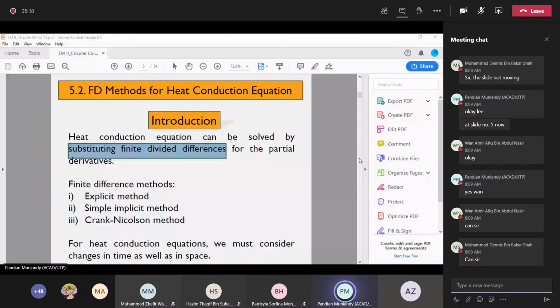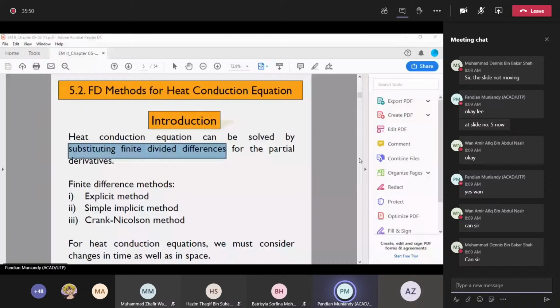Wave equation, Laplace equation, heat conduction equation. You can use this method to solve the wave equation as well as the Laplace equation. So here we are just showing you one example only. Our focus is on the heat conduction equation, which can be solved by substituting finite divided differences for the partial derivatives.